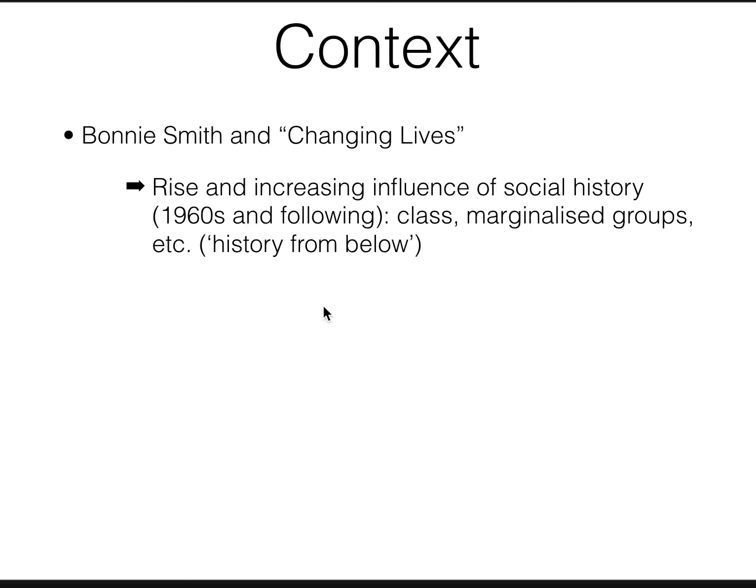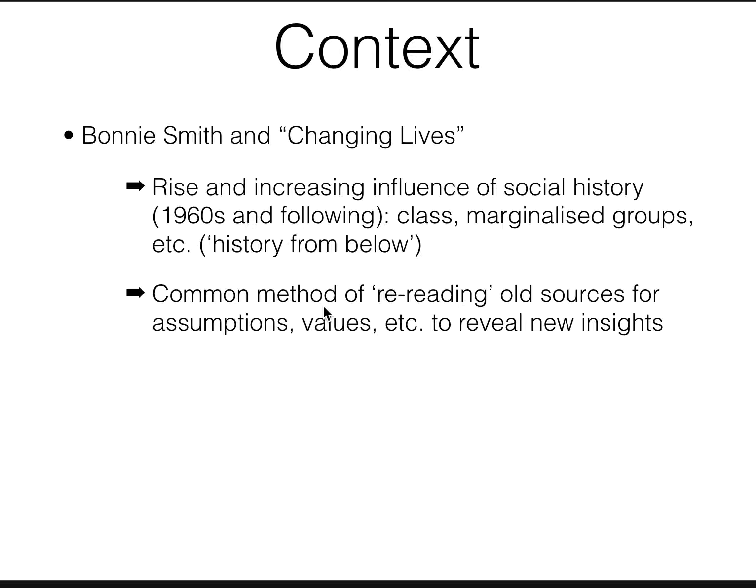So this history from below, how did regular people interact with big historical movements? So Bonnie Smith's part of that. This book is partly an expression of that. I think it's also important to note that many of these historians were, in a sense, experimenting with new methods of history. So instead of, say, many of the older historians reading official documents and thinking about what those sources revealed about the past, many of these historians have gone back and reread those sources for what they actually assumed about the world, the values they had, and what they might actually tell us about the average person in those periods of history.